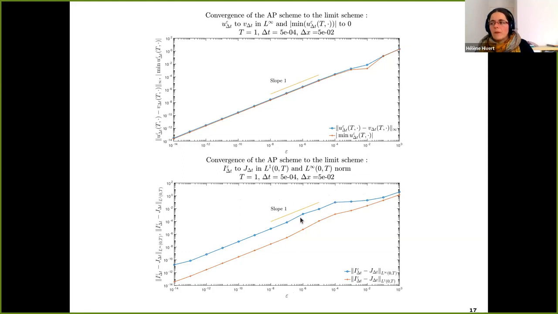So in fact, the good norm to study the problem for I is L1, at least numerically. And if you consider the continuous problem, you expect L1 too because it is only a BV function. So you can't expect a convergence in L infinity.